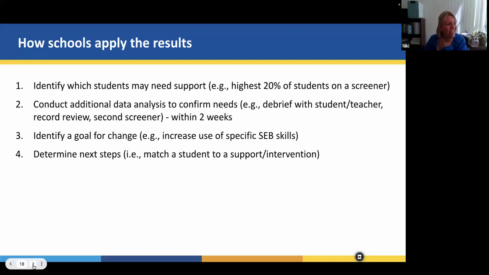Okay. With that image in mind, now that we understand how these tools are designed and how they're meant to be used, let's talk about how schools might apply the results of a screener, whether it's an academic or an SEB screener. So first, schools are going to identify which students may need support.